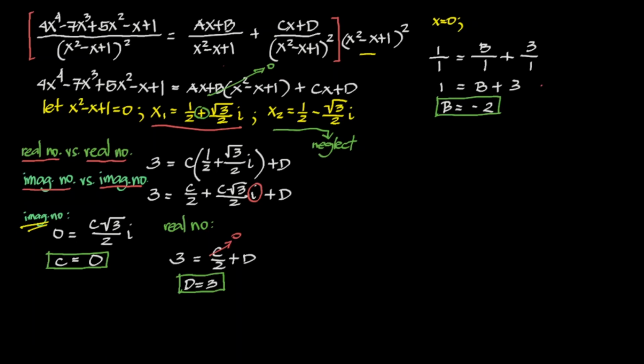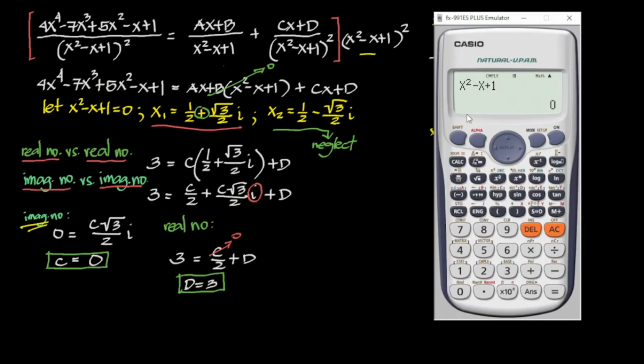Now, for the value of a, let's try to set the value of x, which is equal to 1. So, replace natin 4 times 1 raised to the power of 4, that's 4. Pwede natin i-input sa calculator para mas madali. So, we have mode 1 tayo. Mode 1.